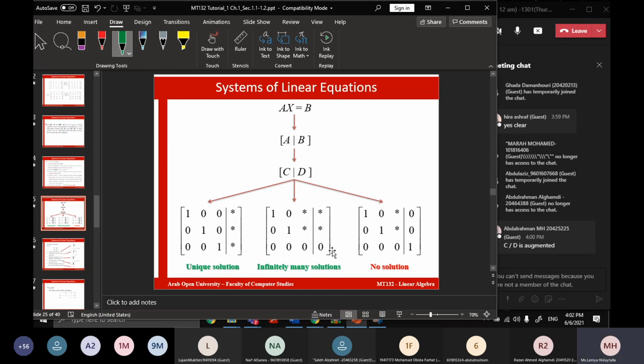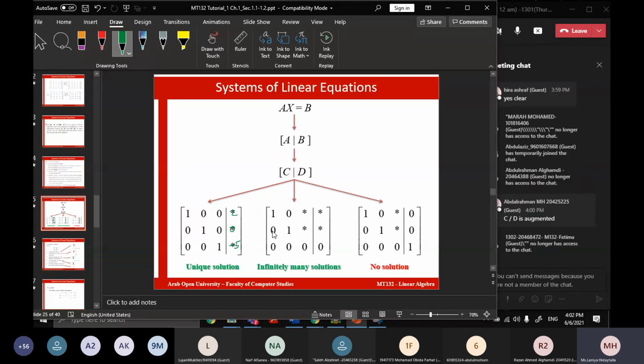This matrix, let's assume, let's give some numbers here. Let me write, for example, 2, 0, minus 5. It could be a fraction, no problem. Any real number. Now this is an augmented matrix.